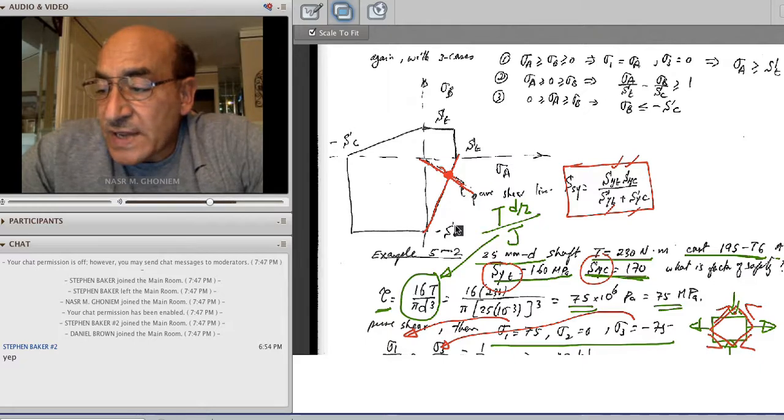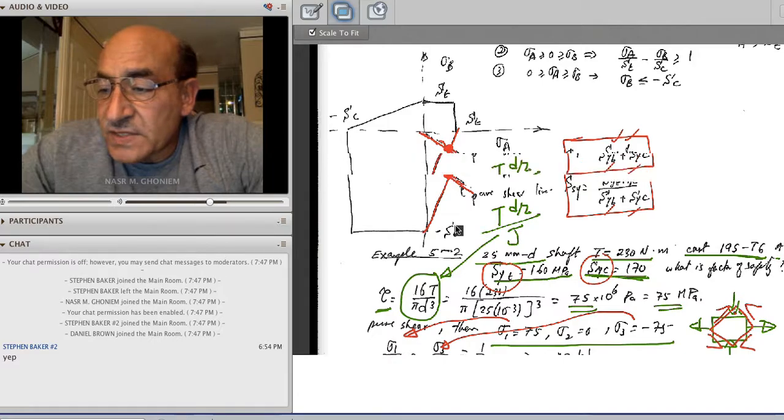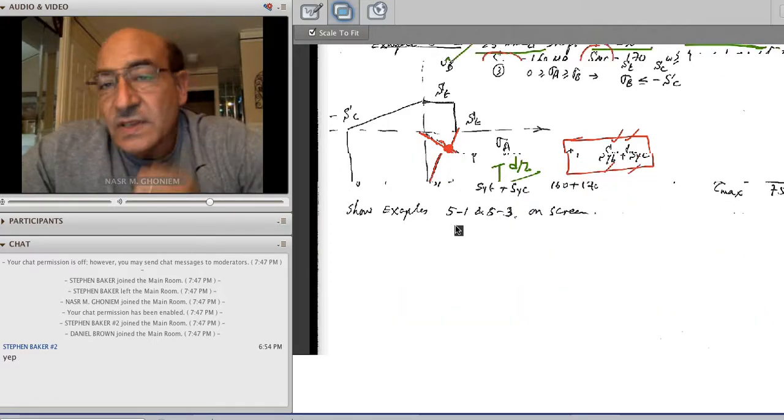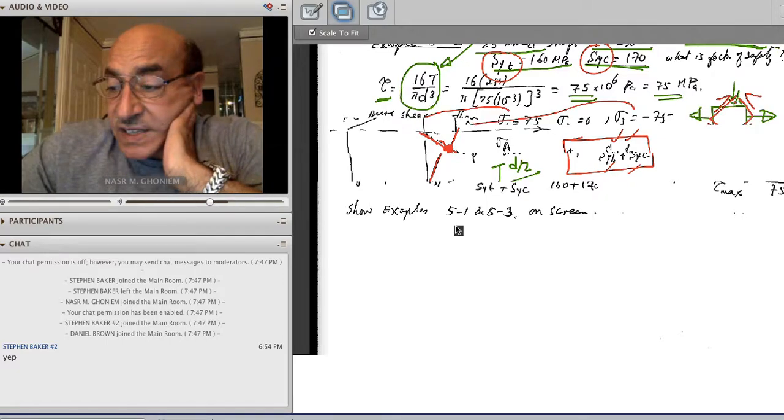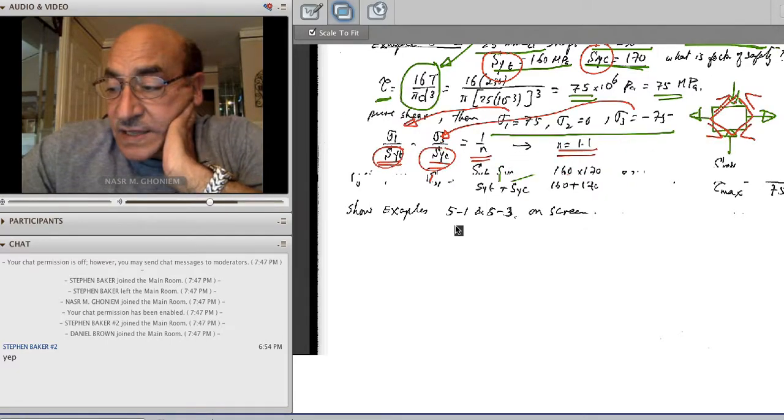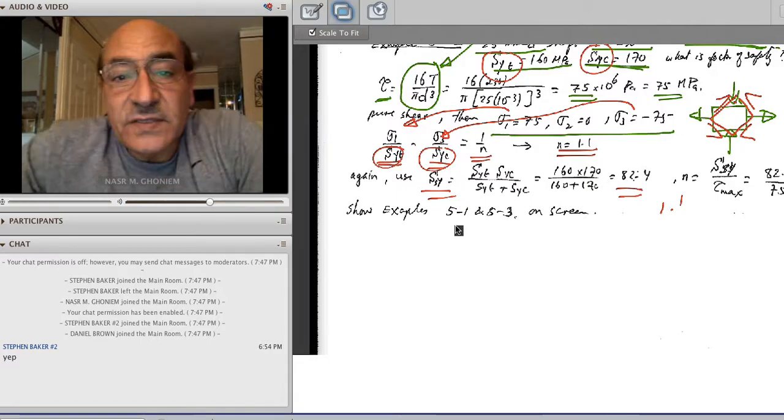I can use this fact directly, instead of finding the principal stresses by transformation, and again it gives me the same factor of safety of 1.1 with this criterion.